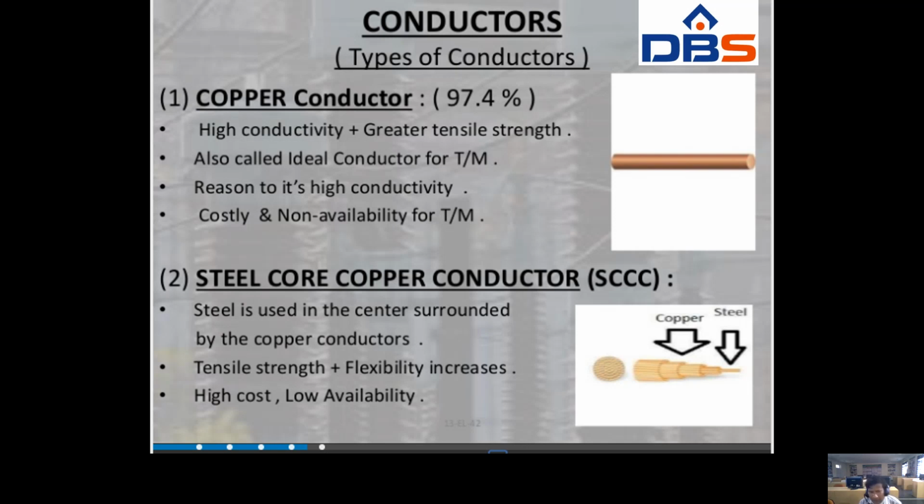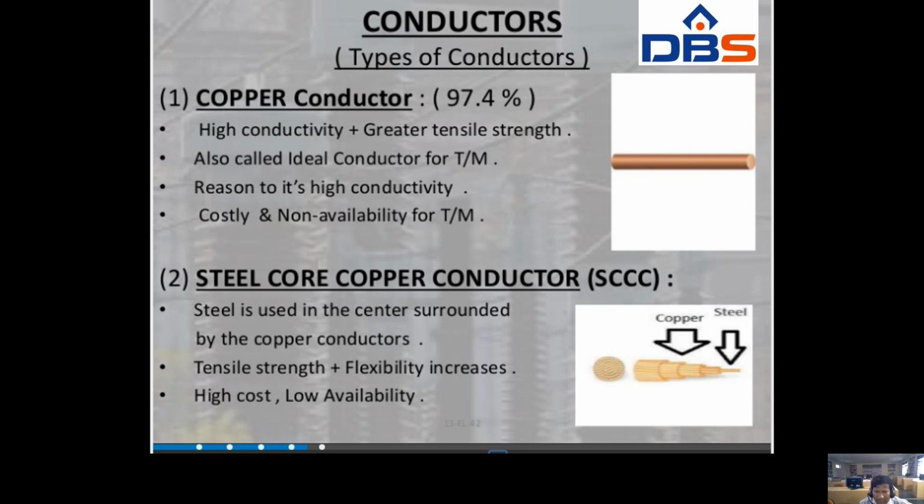But copper conductor is the best conductor, with high conductivity and greater tensile strength, and it is also called the ideal conductor. Why we call it the ideal conductor is that it has high conductivity compared to all other conductors.